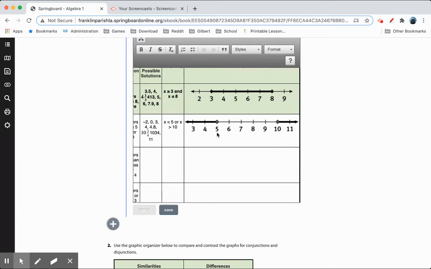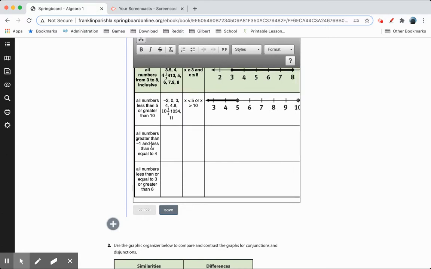And you can see that in the graph where they use open circles on the numbers because you're not including those. It is either less than 5, but it is not 5. So 4, -100, something like that, it would go to the left on the number line. Greater than 10 would be 11, 12, 1000, anything greater than 10. The numbers between them are not included.